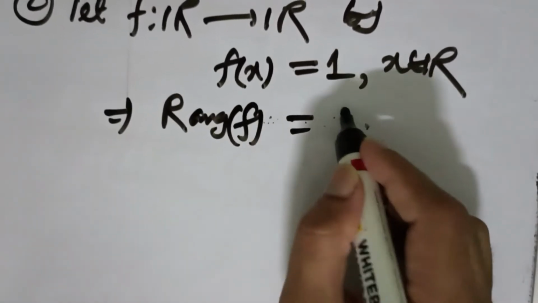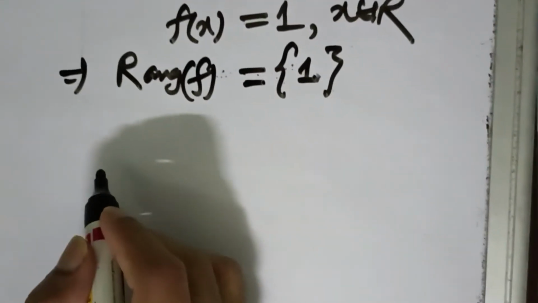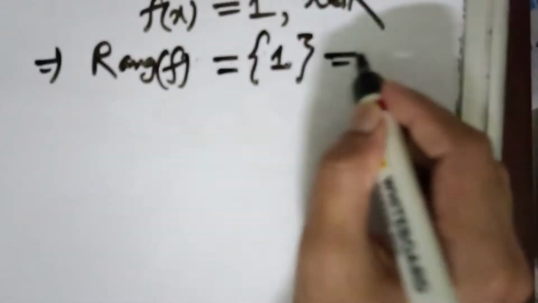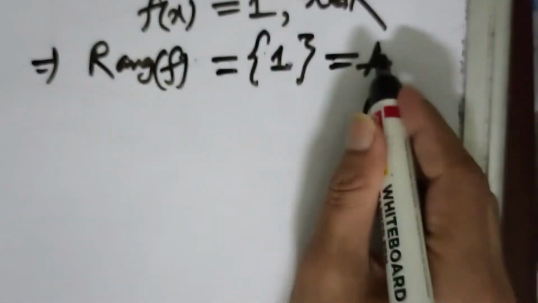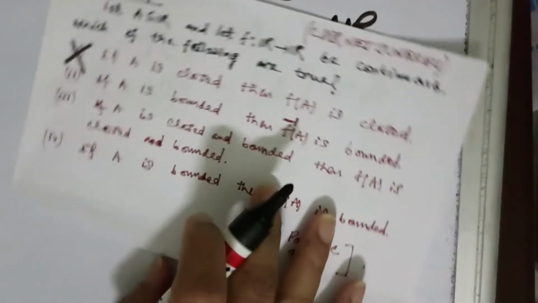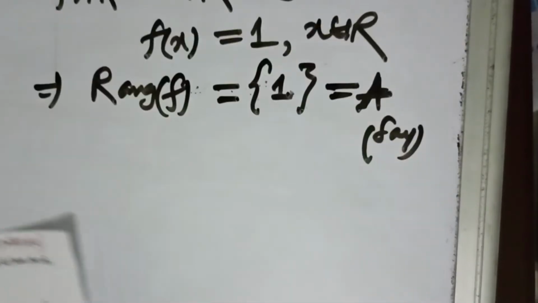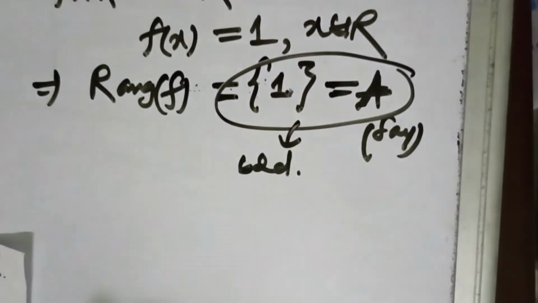Range means the possible values, so it will be the single set {1}. Assume this single set is A. The single set is obviously bounded.